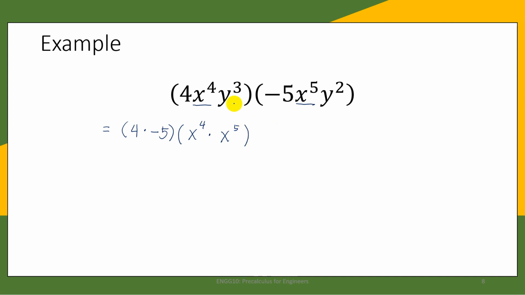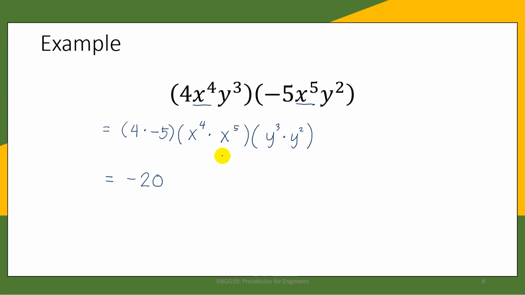And lastly, we need to multiply y raised to 3 and y raised to 2. Okay? So, what is 4 times negative 5? That's negative 20.